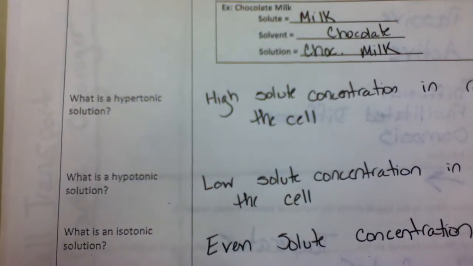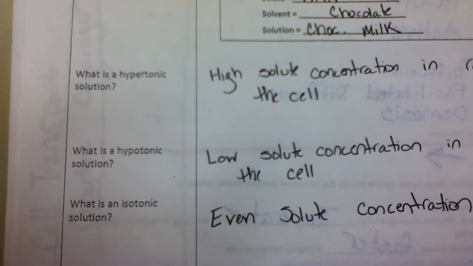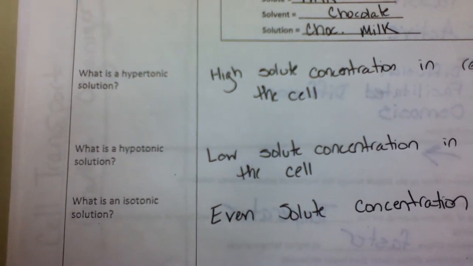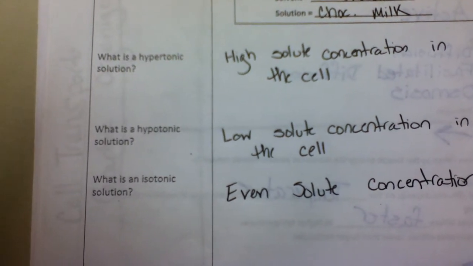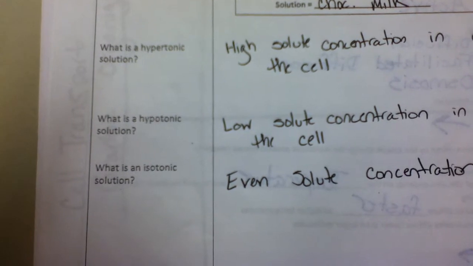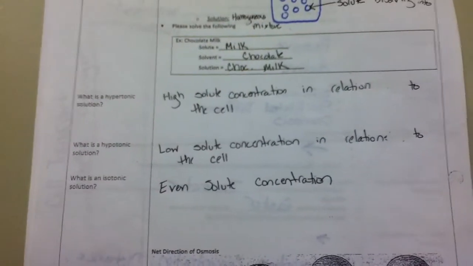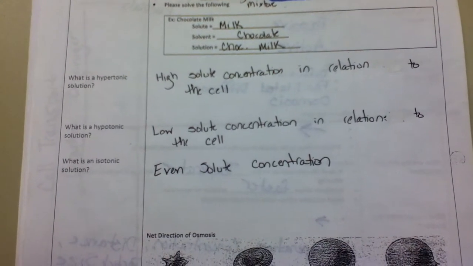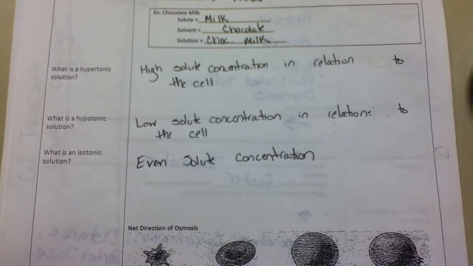What is a hypertonic solution, hypotonic solution, and isotonic solution? I really feel like pictures help with describing these things, and this is what you're going to be looking closely at when you complete the understanding osmosis sheet for the gummy bears. A hypertonic solution has a high concentration in relation to the cell.